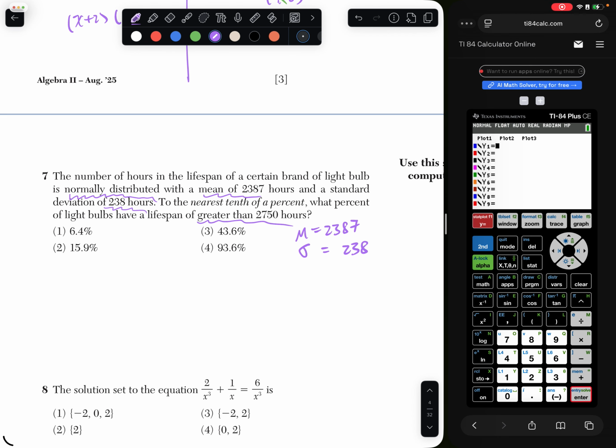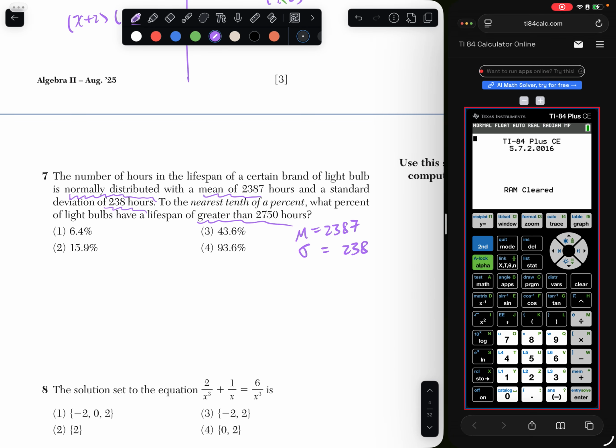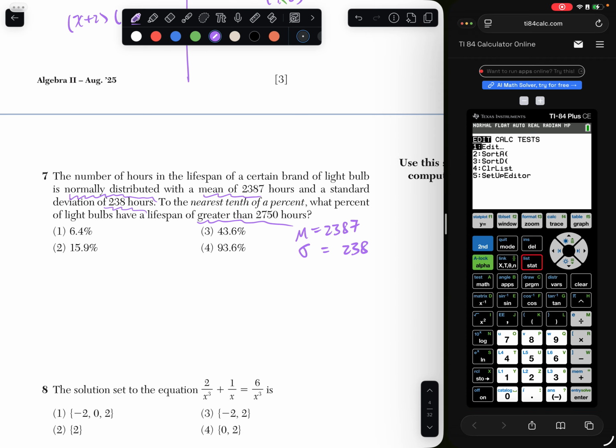All right, so we're gonna use this function. This is kind of like the only function that you have to know for the Algebra 2 Regents. You're gonna press second, and then you're gonna press vars for distribution, and we're gonna go to normal CDF, and then my lower.